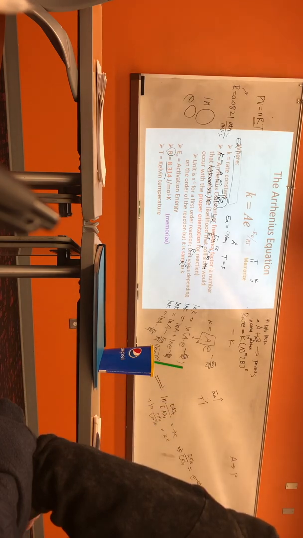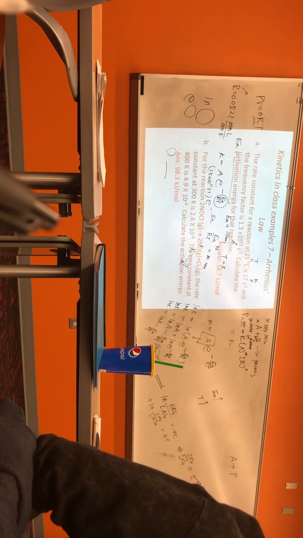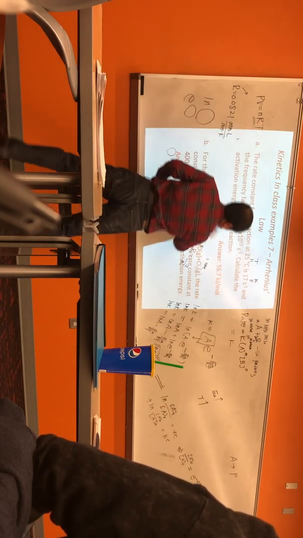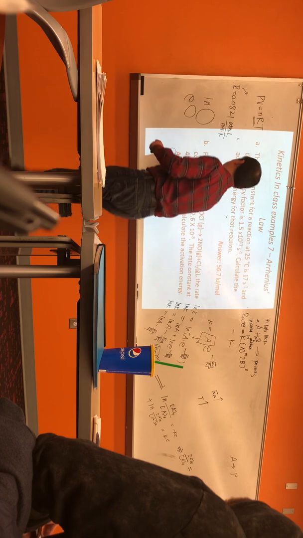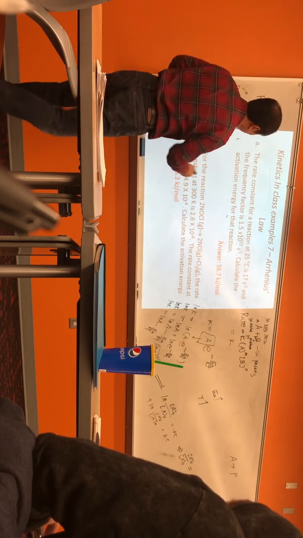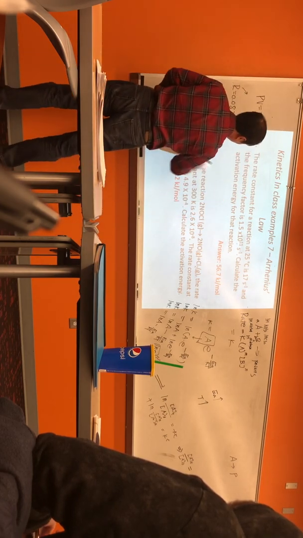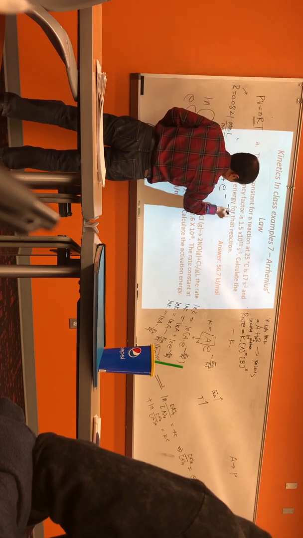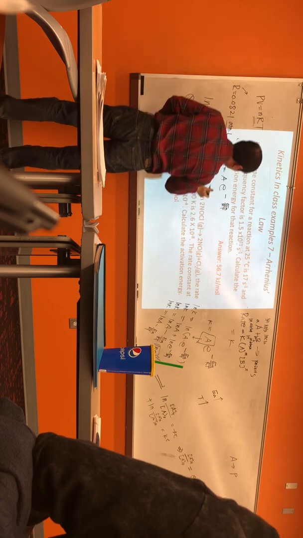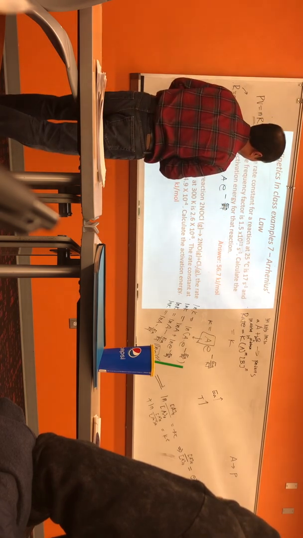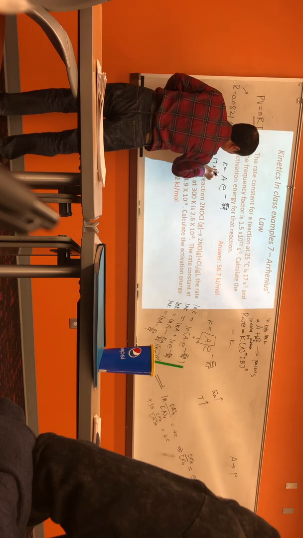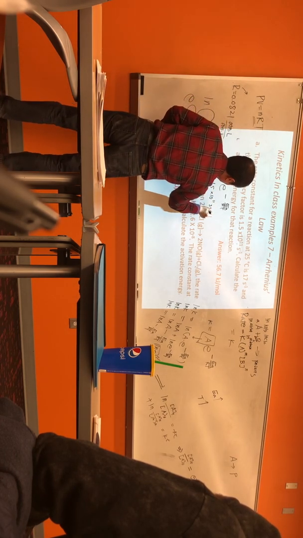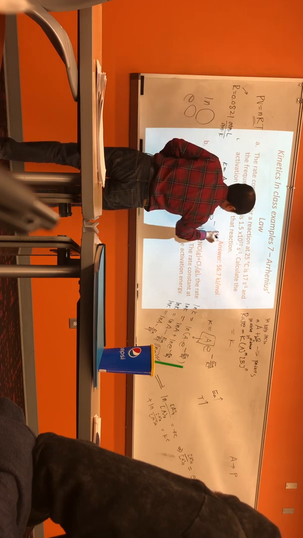Go back to this. If I write again, k equals A e to the negative EA over RT. So k was 17 per second. A is 1.5 times 10 to the 11 per second. EA is the activation energy.